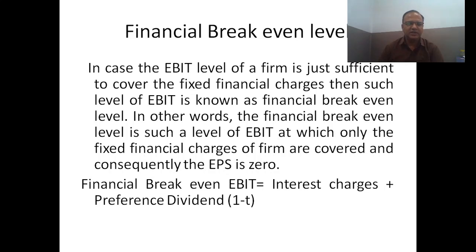In other words, the financial break-even level is such a level of EBIT at which only the fixed financial charges of the firm are covered and consequently the EPS is 0. So, financial break-even EBIT is equal to interest charges plus preference dividend into 1 minus tax rate.